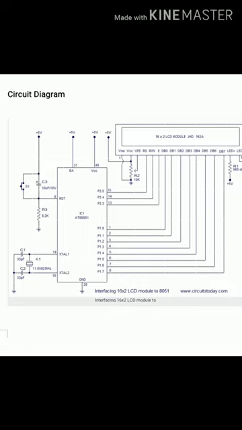Apart from that, I said that there are 3 control lines: control line E, control line R bar W, and control line RS on the LCD module side. Those lines are connected to P3.3, P3.4 and P3.5. That is, 3 pins of port 3 are connected to the control lines.